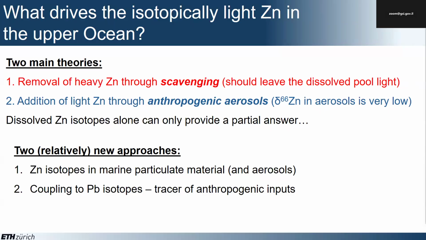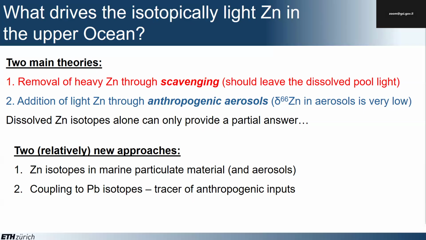And indeed, we measure these aerosols both in industrial areas and in the open ocean. These are characterized by very low delta zinc values, which in theory are able to drive this light isotope composition of the upper ocean. Also, these aerosols are very enriched in zinc relative to mineral dust, for example.